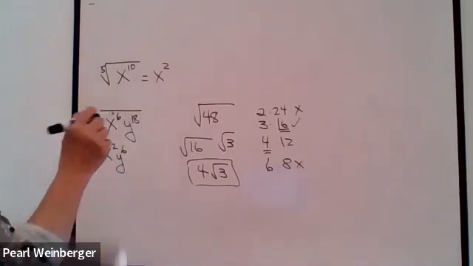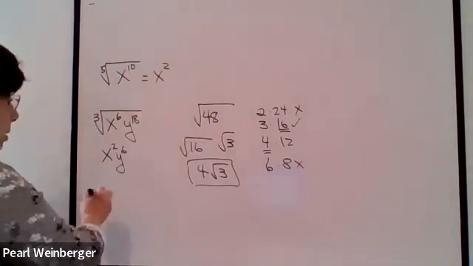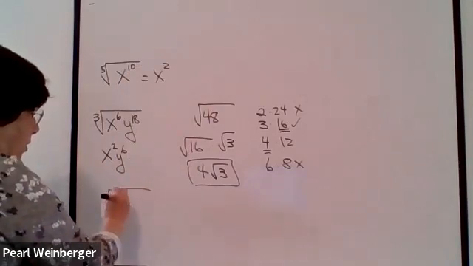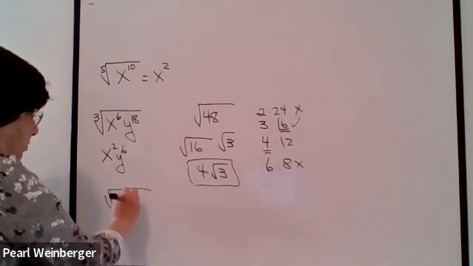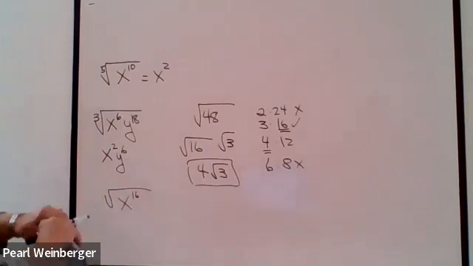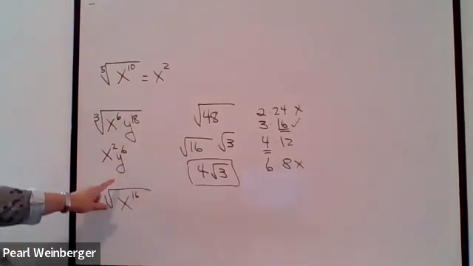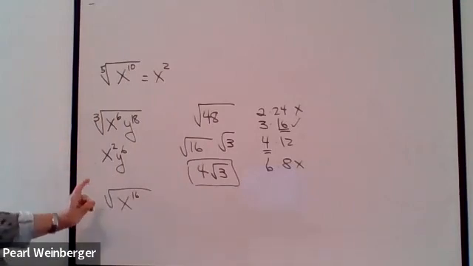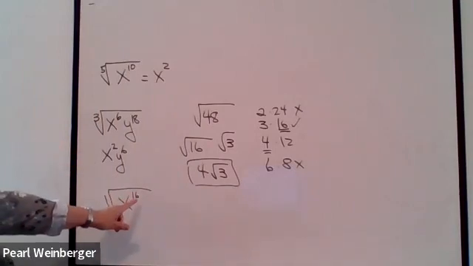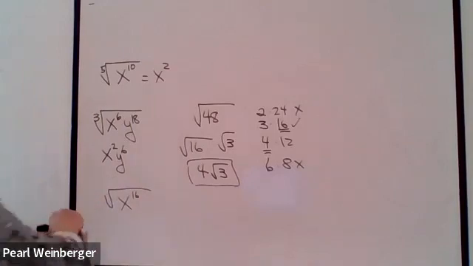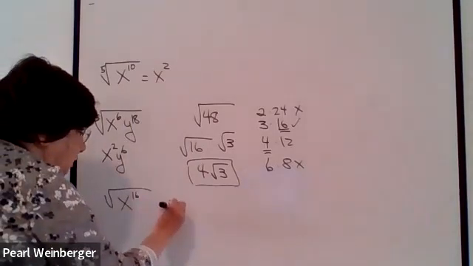And if I give you something like the square root of x to the 16, even though no index is written in here, since it's a regular square root, we know the index is 2. So I take the 16 divided by 2, and that gives me x to the 8.